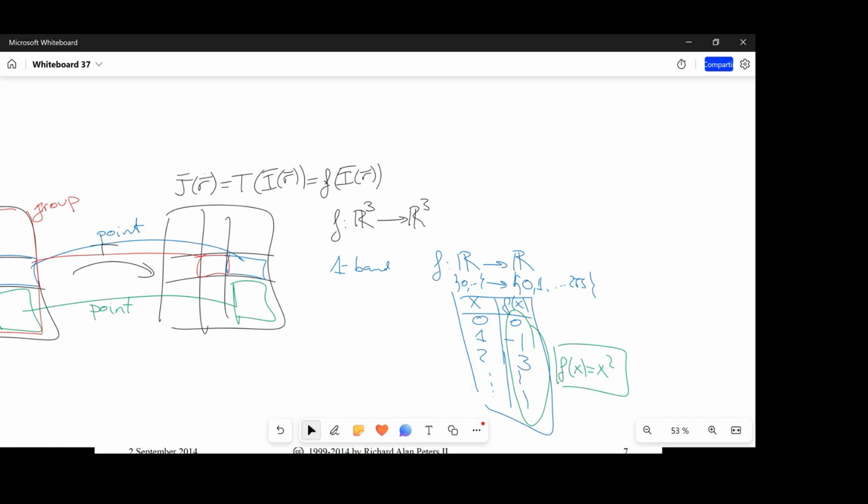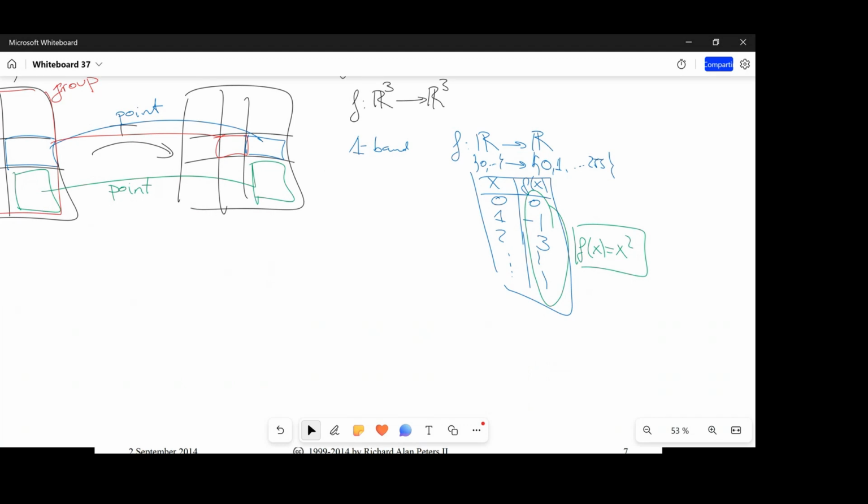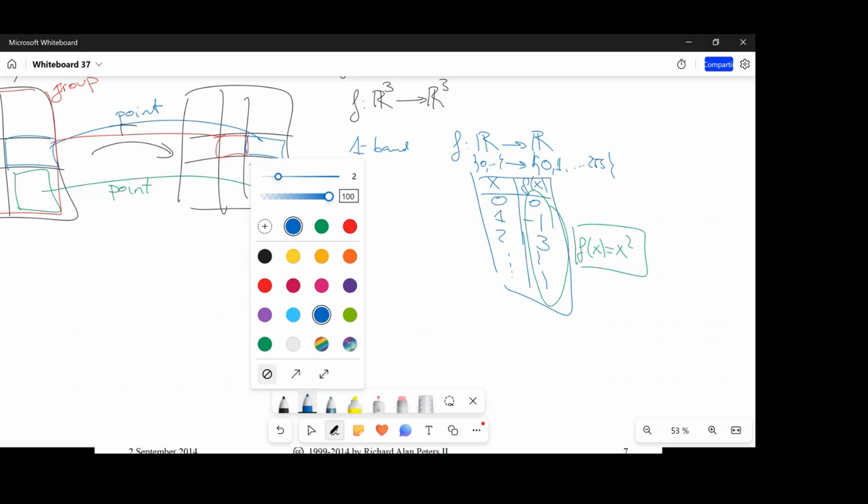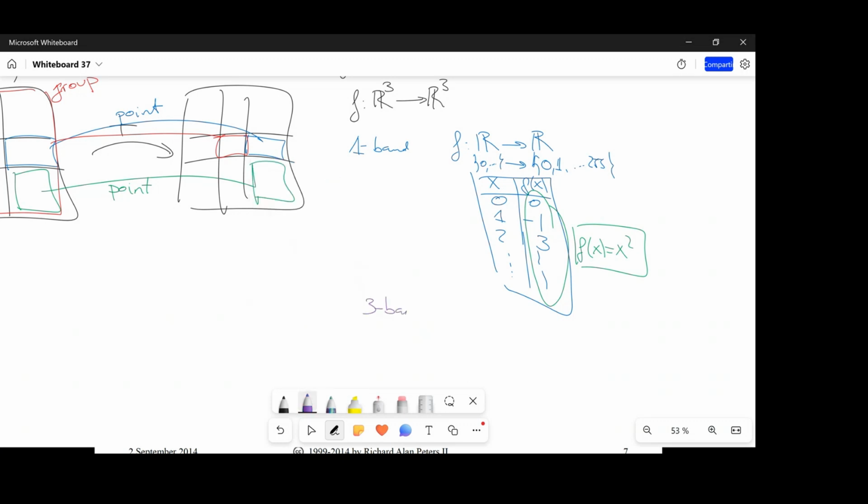What if I have 3 bands? Now we have 3 bands, and my functions will go from 3 values, so they transform the values into new ones. I can do 2 things.